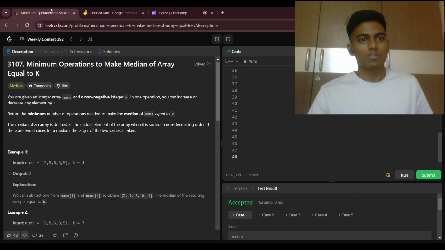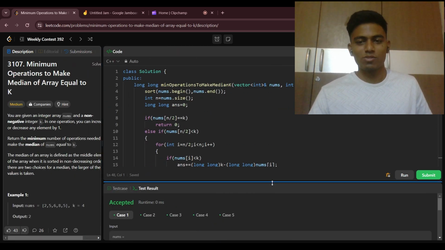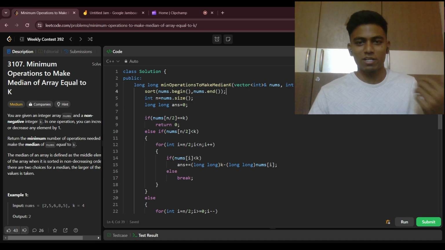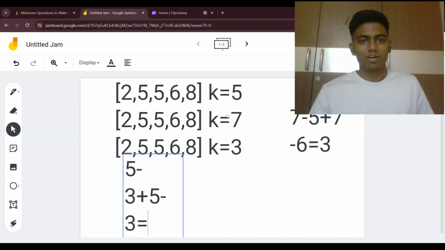So let us go through the code. We'll be taking all the different possibilities. First we are going to sort the array, and then get nums dot size equal to n, and then we are going to calculate the answer. Suppose the middle element is equal to k. That means we do not need to do any operations, and we are going to return 0. Suppose the middle element is less than k, which is this particular case.